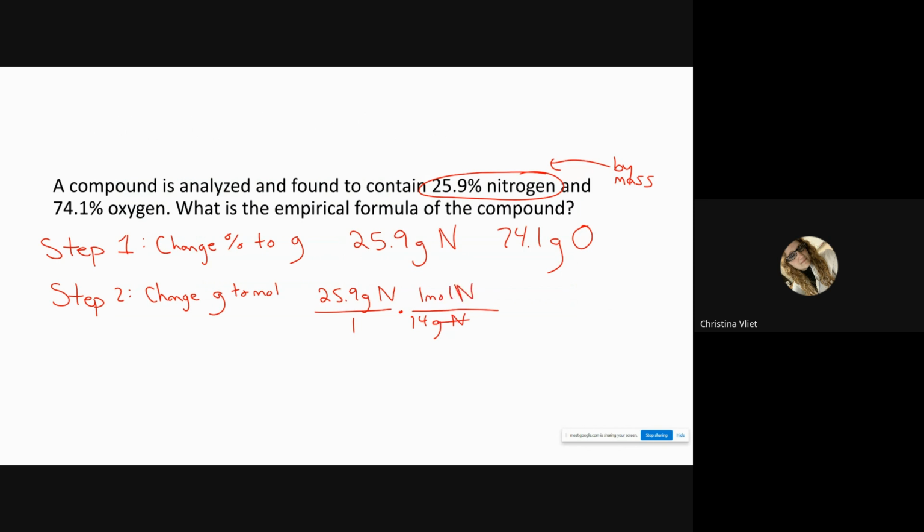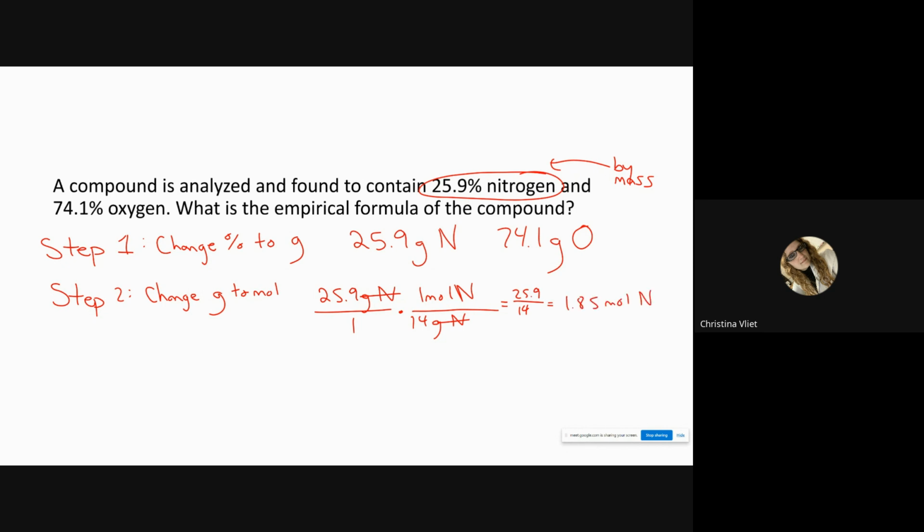And so the grams cancel. If I put a number on the bottom, it literally means I'm just doing a division. So it's just 25.9 divided by 14, which is 1.85 moles of nitrogen.